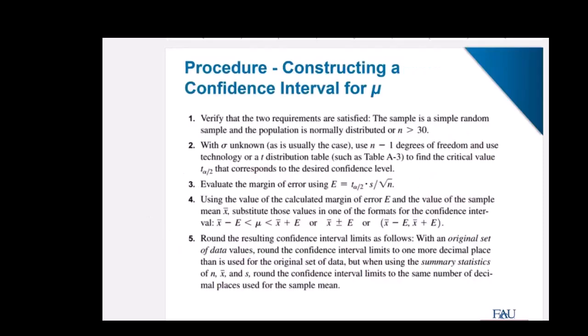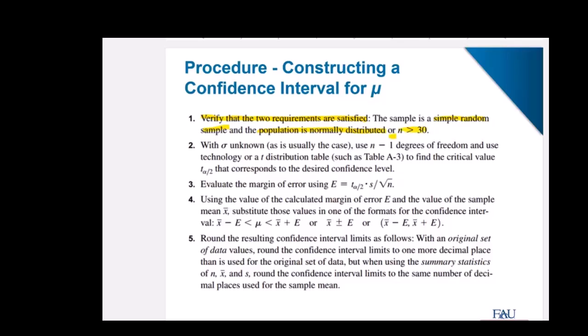This is a procedure that if you were doing it manually, you would have to go through. I'm going to tell you the parts that you have to go through for what we are doing, and we're going to use technology for some of it. Of course, we have to verify the two requirements are satisfied, that it's a simple random sample and the population is normally distributed, or n is greater than 30.